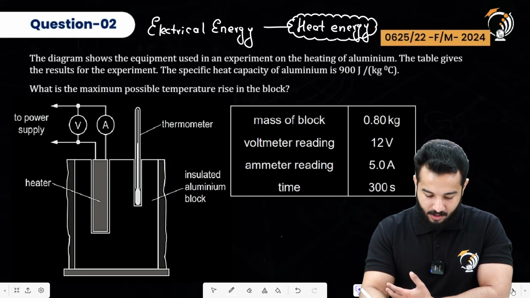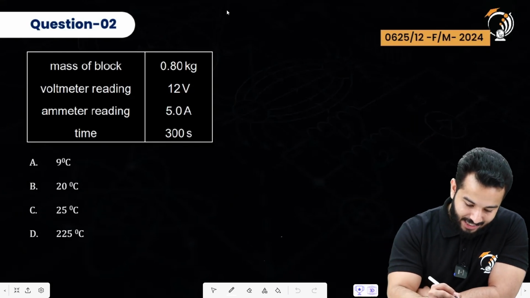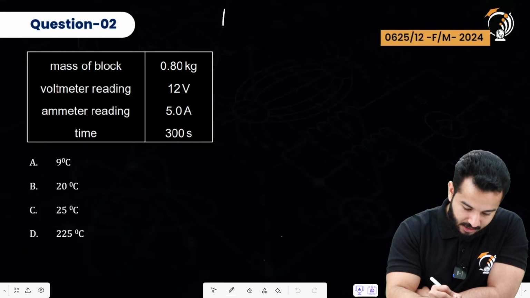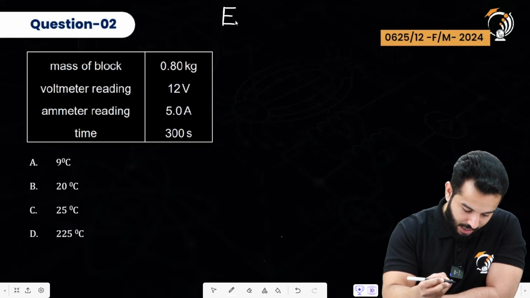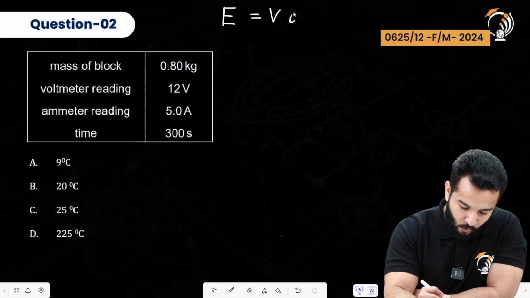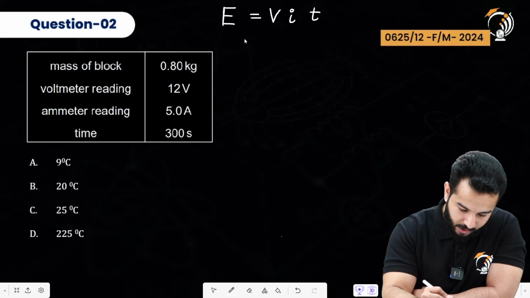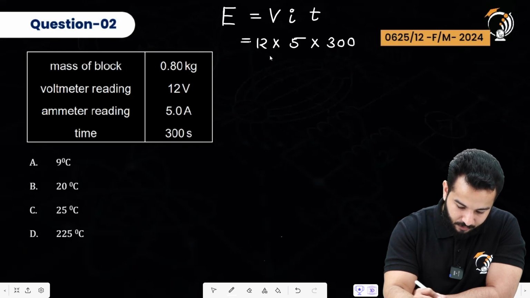Now this is something that you need to know, that electrical energy can be written as, and we know V, we know I, and we know T, so it can be written as VIT, where V is the potential difference, voltmeter reading, that is 12, times current is 5, times time is 300, right?